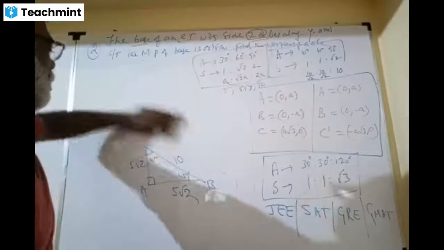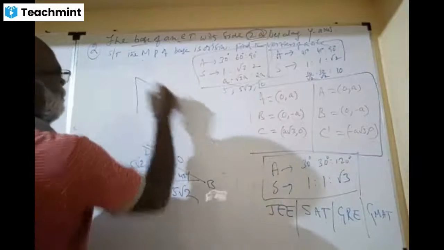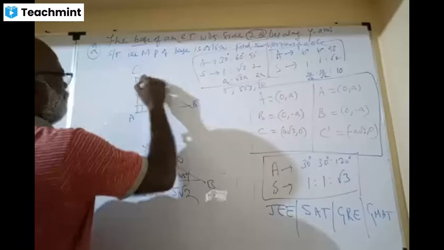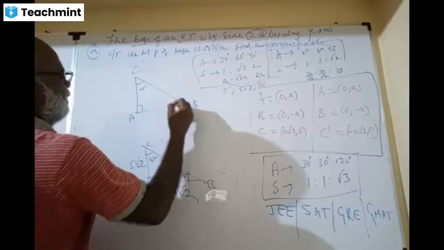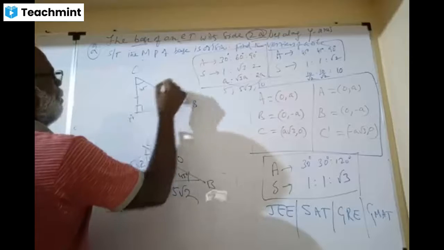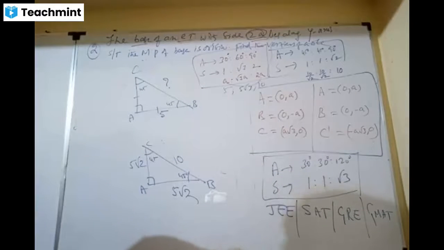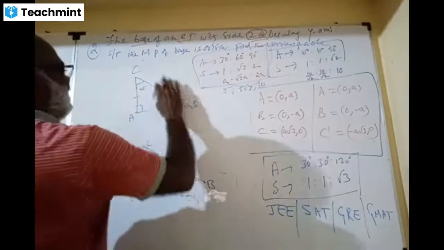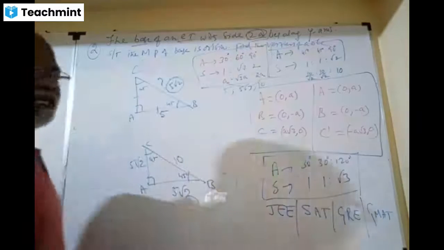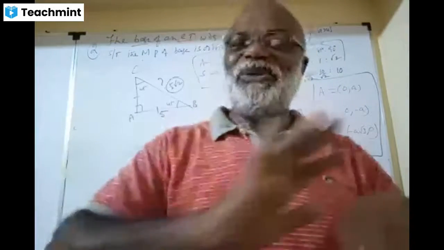All right, come on. One more question, please, in the model. 45, yes. What about this, please? 5 root 2, sir. That's all. If you want hypotenuse, multiply with root 2. If you want side, divide with root 2.